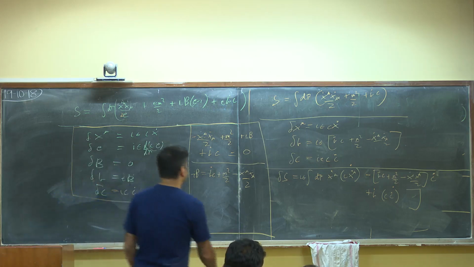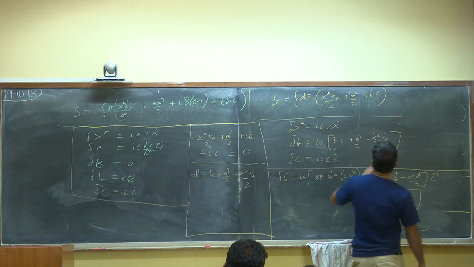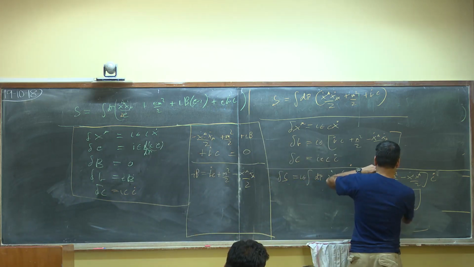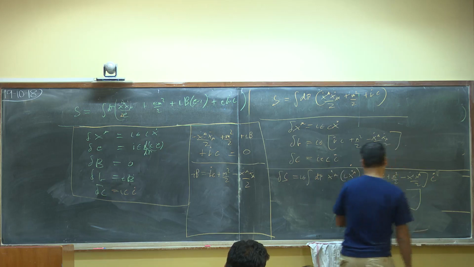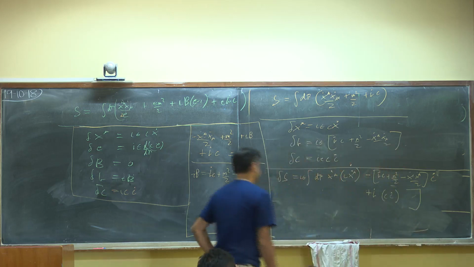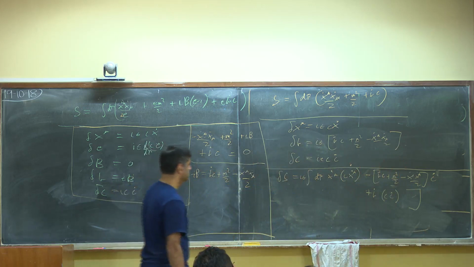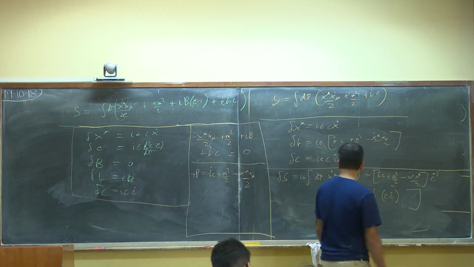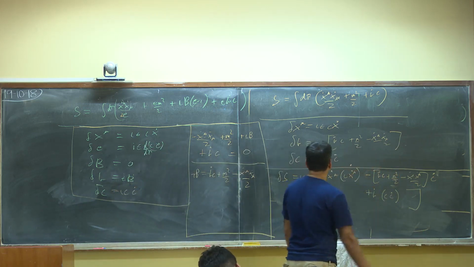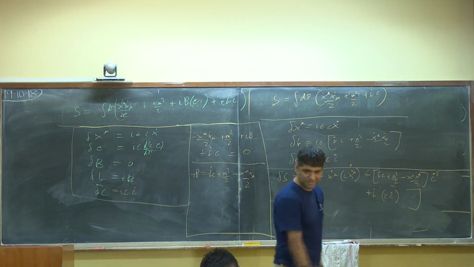Why the whole thing dot? Because for the c there will be no dot, right? You're right. Otherwise there will be a second derivative of c which we can't get rid of. Now we have to show that this whole thing is 0 up to a total derivative.